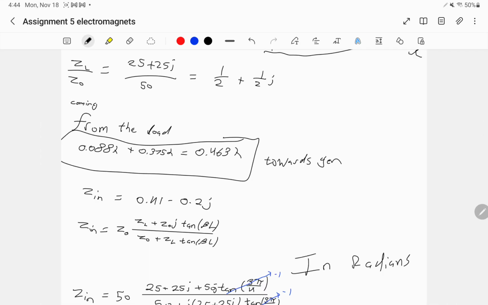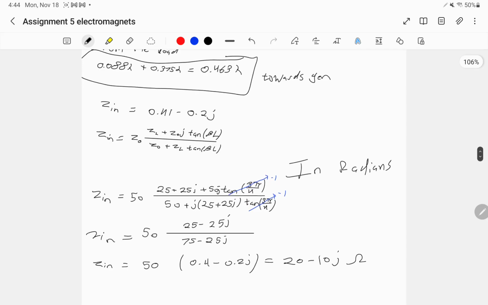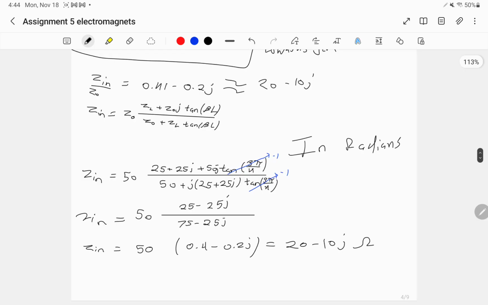So just check. So this is what you get. You get 20 minus 10J, and also I forgot this is Zn over Z naught. We got to multiply it by 50, so we'll get around 20 minus 10J as well, approximately. So that's it using the formula.